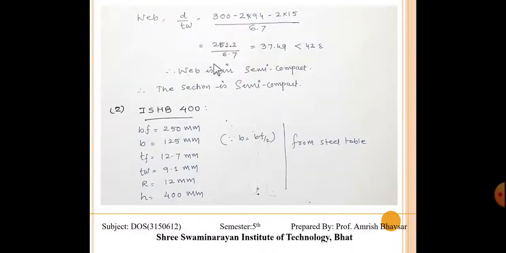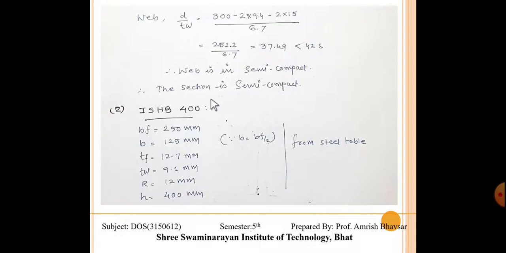But what about the web? For the web, it is d upon tw, and d is calculated from the total height minus 2 times thickness of flange minus 2 times root radius, divided by thickness of web. So we will get 37.49, which is less than 42 epsilon. So it is semi-compact. So our whole section lies in semi-compact. Clear? So it is very much simple.